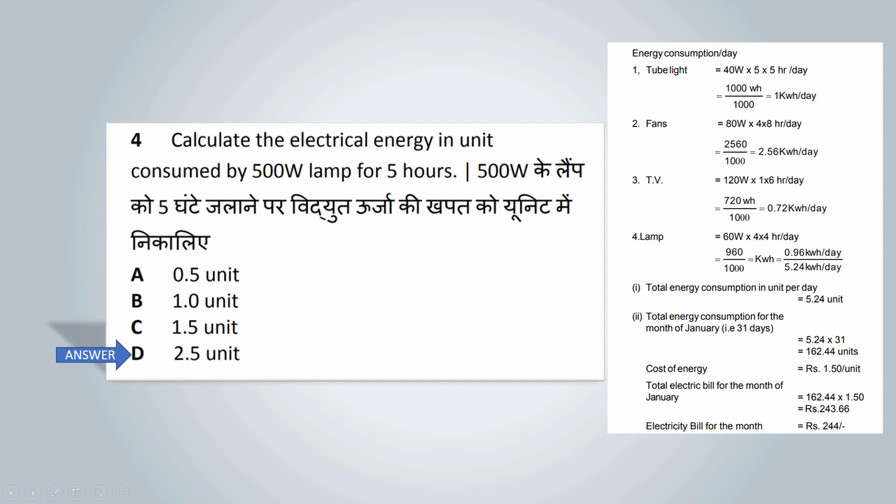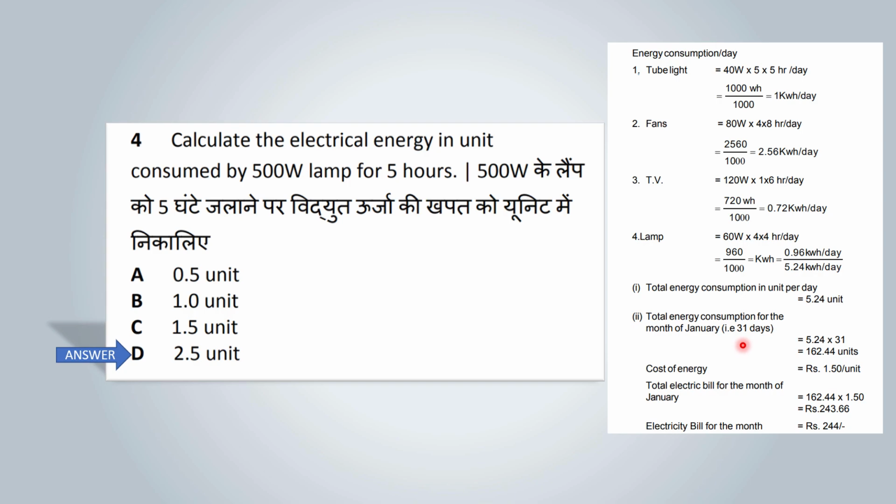These are some other problems, and this will also come in the exam. So second problem, how it will come? Calculate the total energy consumption in unit per day. This type of question also comes, and total energy consumed for the month of January, February, March.